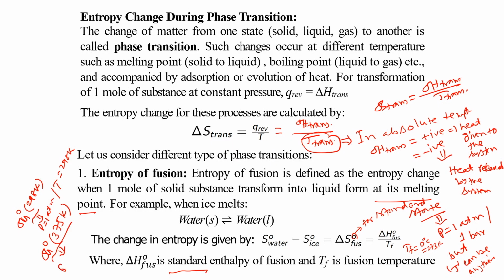Here also P is 1 atmosphere and T is 375 Kelvin. So, both are standard states. Standard state means pressure is 1 atmosphere, but temperature can be anything.